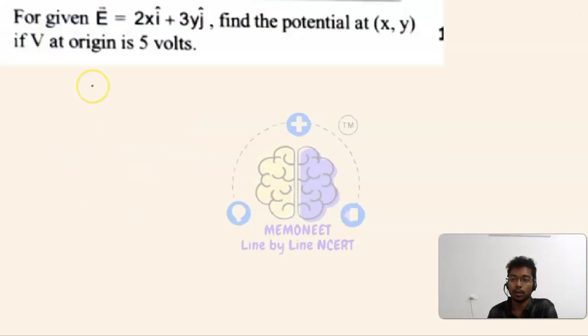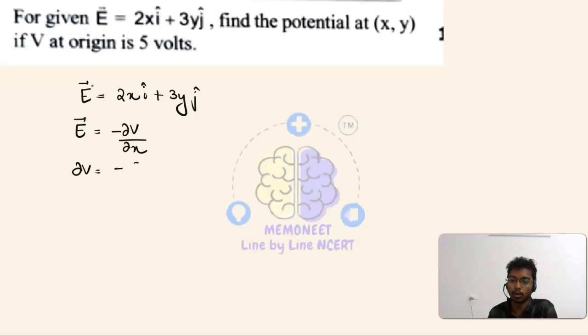In this question, the electric field is equal to 2x i cap plus 3y j cap. So the electric field is equal to minus of del V upon del x. So del V is equal to minus integration of E dot dx.